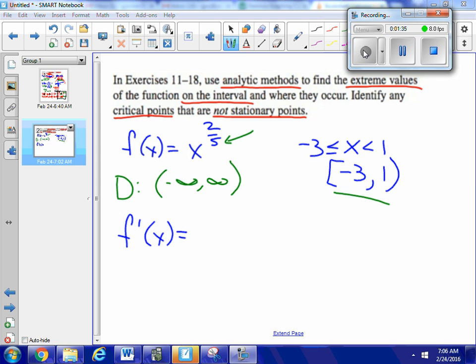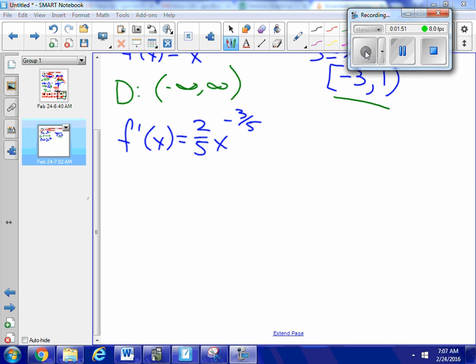It seems like a pretty straightforward power rule, so I'm going to call it 2/5 x to the -3/5. I'm going to rewrite that, because sometimes I like to look at it one way, sometimes another. It's 2/5 times the 5th root of x cubed.